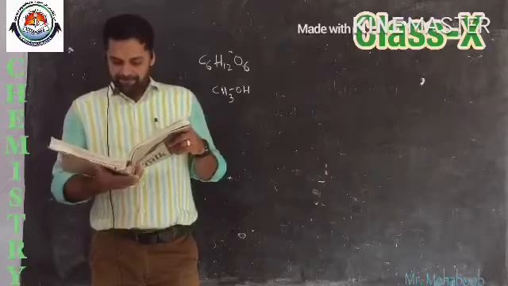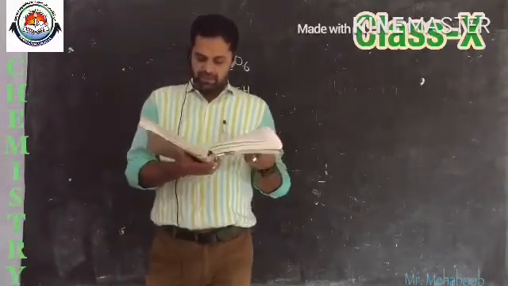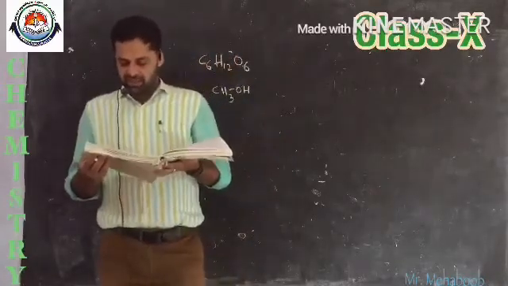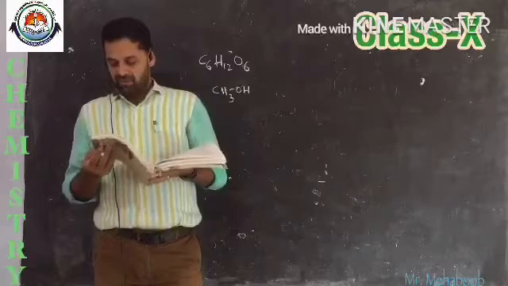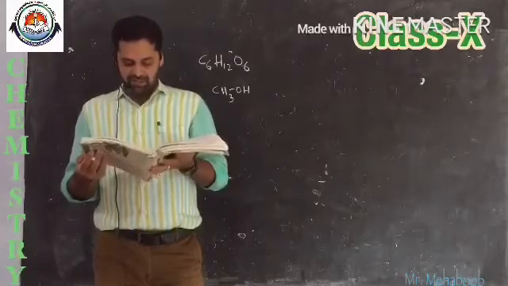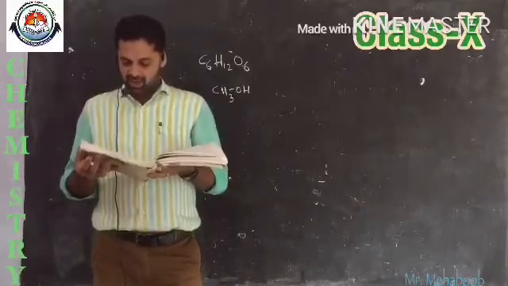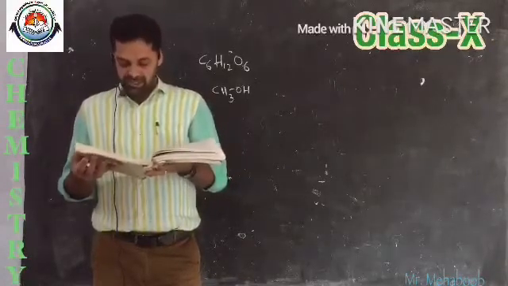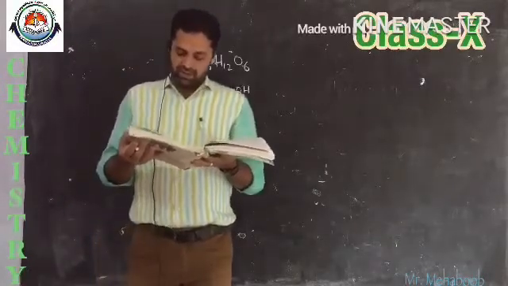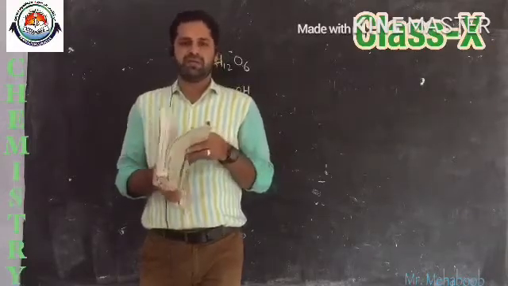Then 5 solutions A, B, C, D and E, when tested with a universal indicator, showed pH 4, 1, 11, 7, 9 respectively. Which solution is neutral, strongly alkaline, strongly acidic, weakly acidic and weakly alkaline? So here, universal indicator, I think we didn't mention it.